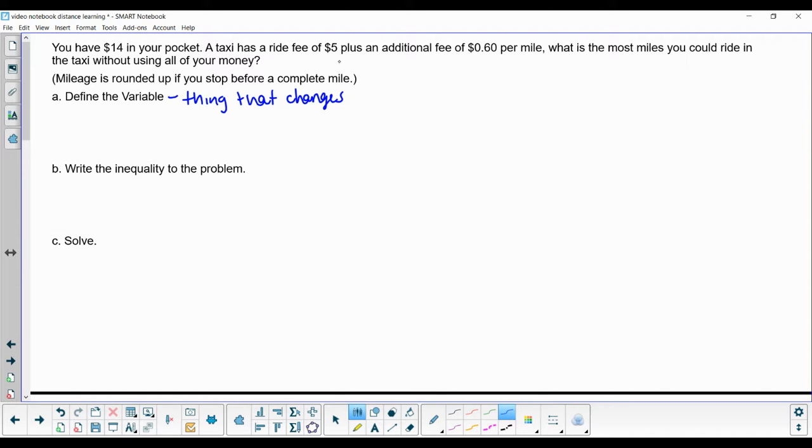Is the ride fee of $5 changing? No, no matter how far I go, if I get into the taxi, I have to pay $5. And now I see it says plus an additional fee of 60 cents per mile. There's that keyword of per that shows me that for every mile, I'm going to increase by 60 cents. So that's the thing that changes. I'm going to write my variable as number of miles.